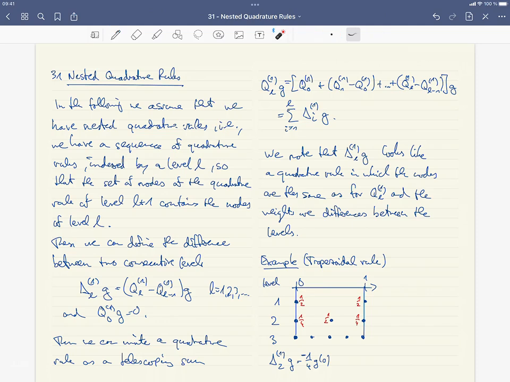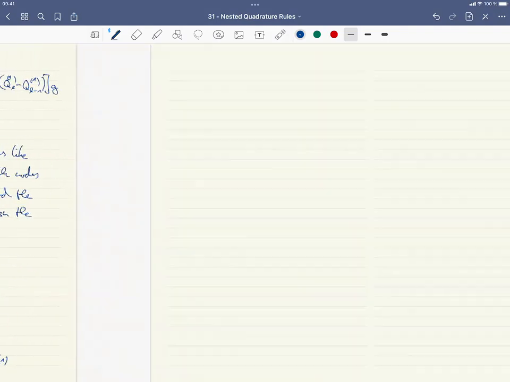So I have the 1/4 here, minus the 1/2, plus 1/2 G of 1/2, and then minus 1/4 G of 1. That's this one here, which doesn't have a counterpart here, and then this minus this again. Formally, it looks like a quadrature rule which uses the points of level 2.